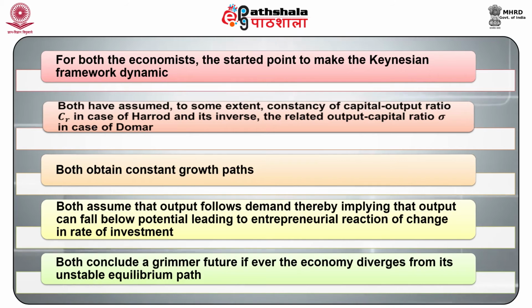Number three, both obtain constant growth paths. Number four, both assume that output follows demand, thereby implying that output can fall below potential, leading to entrepreneurial reaction of change in rate of investment. Number five, both conclude a grimmer future if ever the economy diverges from its unstable equilibrium path.